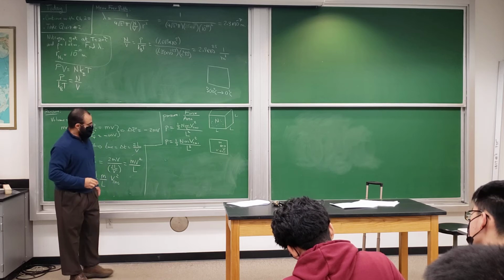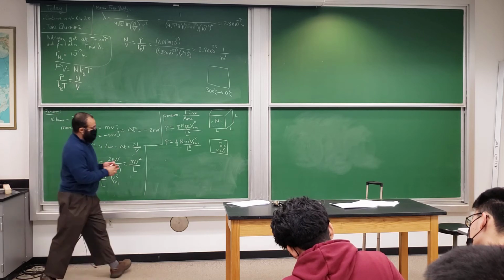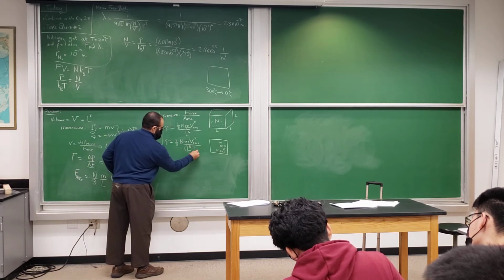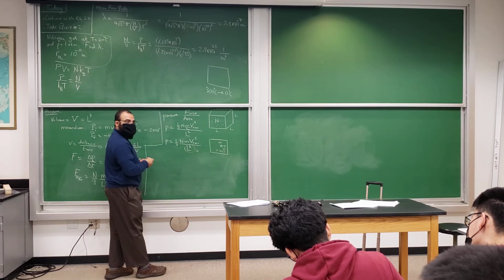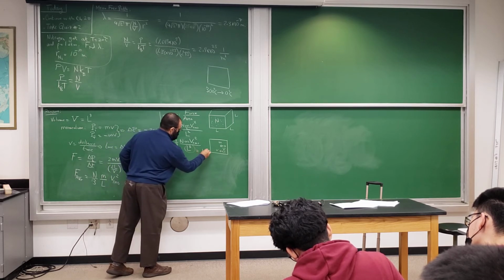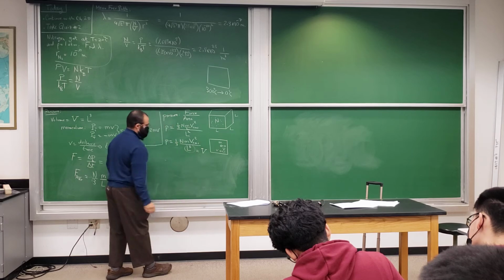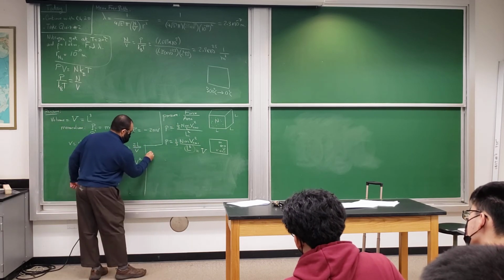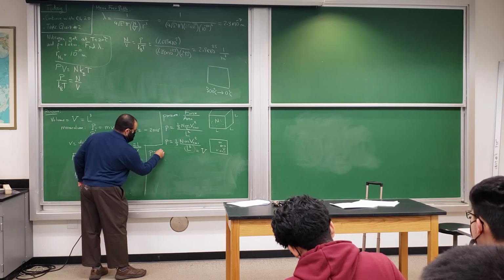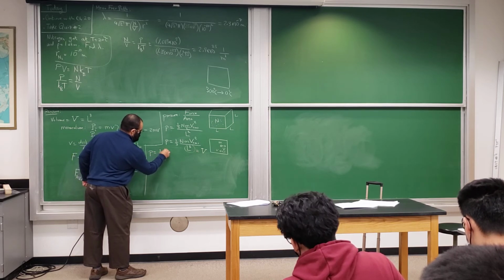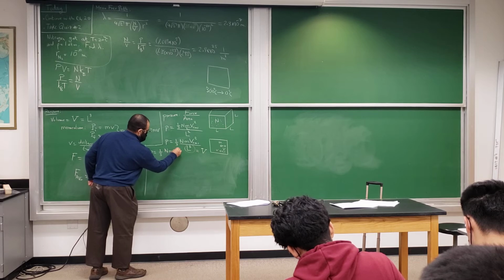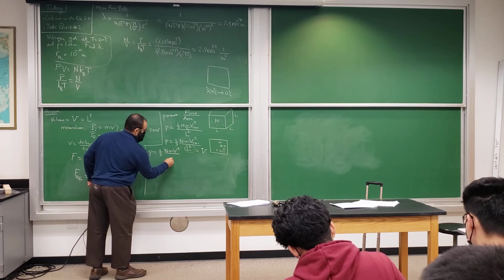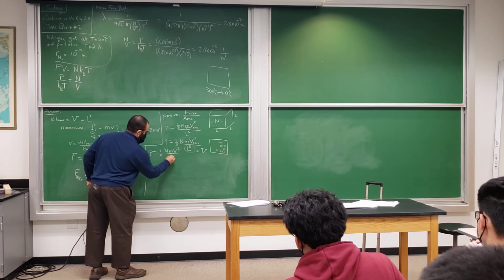So now, what is L cubed? That's the volume of the box, yes. Volume of the box. So I get P is equal to 1/3 N M V squared over the volume.